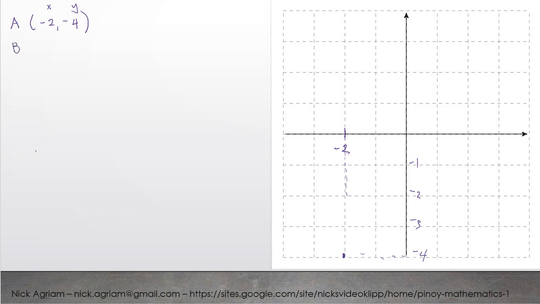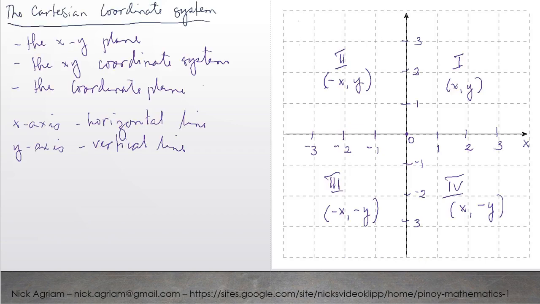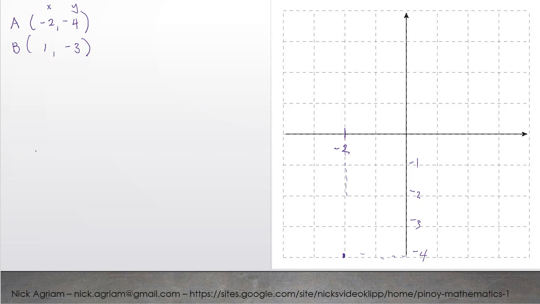When I have B, which is (1, -3), x is positive and y is negative, so it is in the fourth quadrant. I go there directly. I have +1, and then -3. There is my point.